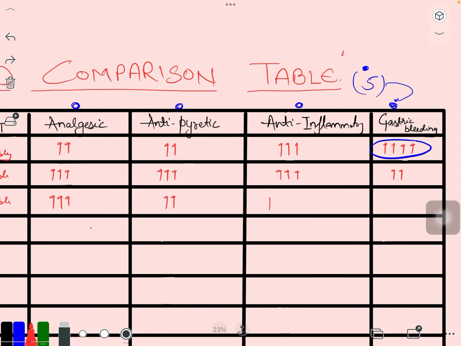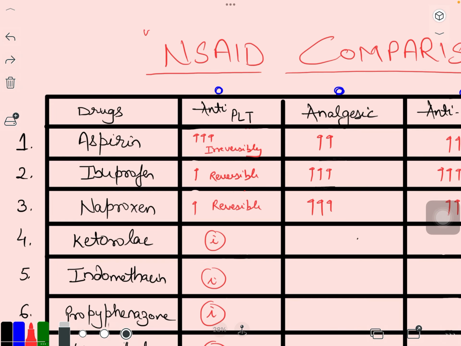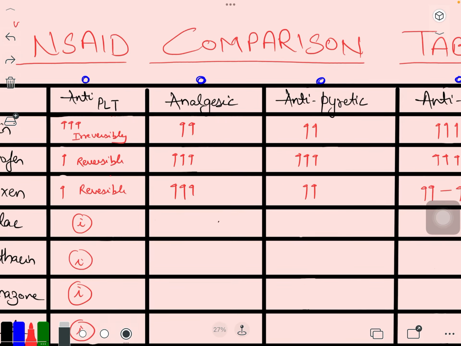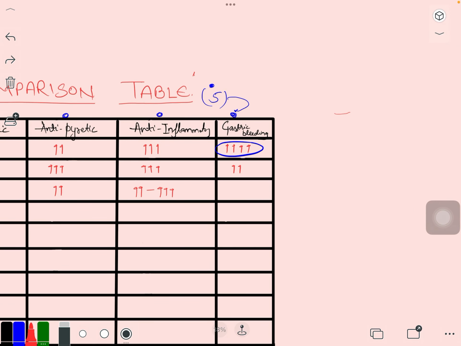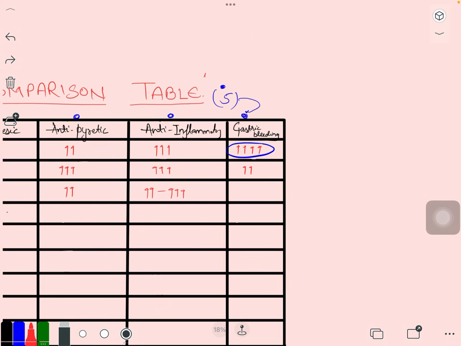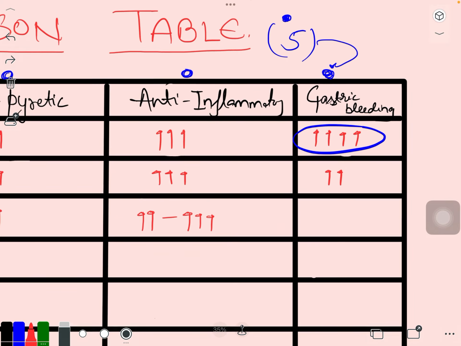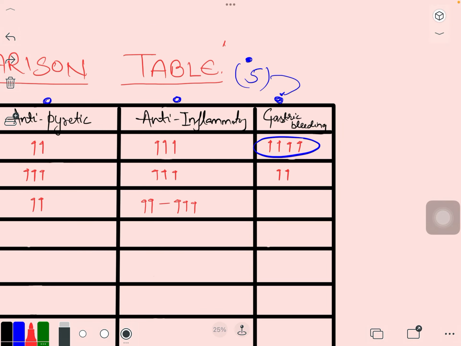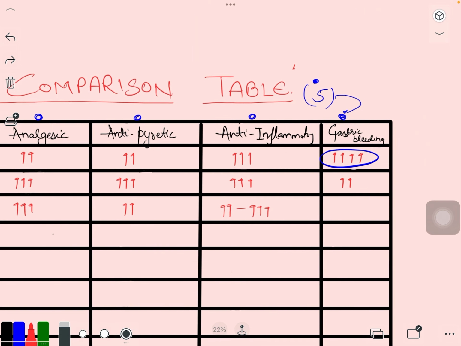For the anti-inflammatory, it ranges from about 2 to 3, but there are still differences, like why naproxen is much more powerful, because there are some other categorizations that we can do on the basis of duration of action. There are many other fields on which we can categorize all these NSAIDs. We will discuss all these NSAIDs later, don't worry about that. Focus on these 5 major things.